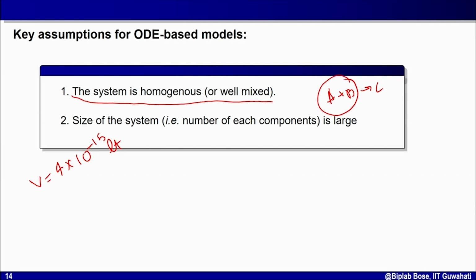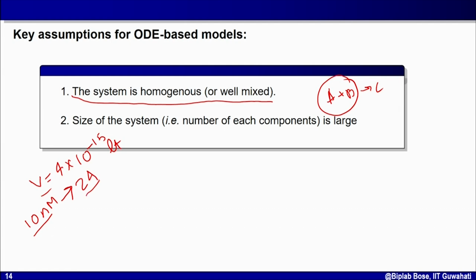And suppose I have a molecule A at a concentration of 10 nanomolar. If you use Avogadro number and the volume of 4 times 10 to the minus 15 liter, 10 nanomolar means essentially 24 molecules.